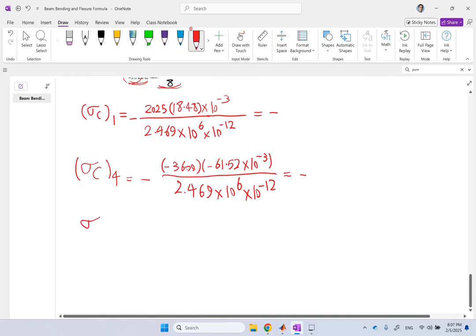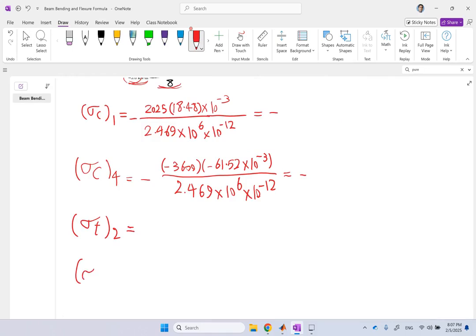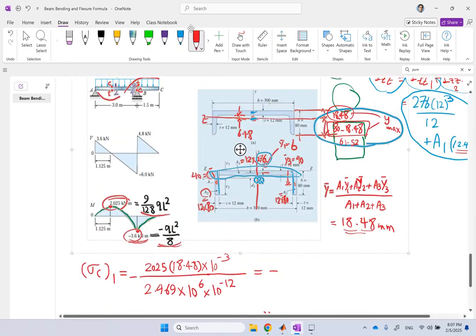Finally, I do the tension in points 2 and 3. For point 2, the bending moment is 2025, correct?